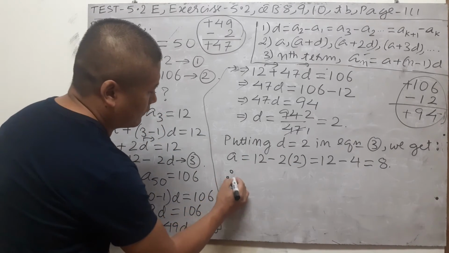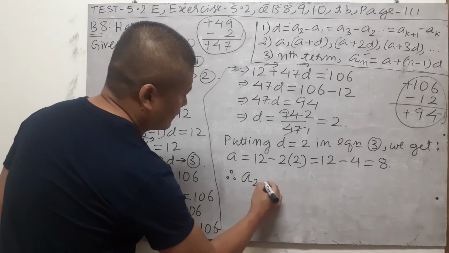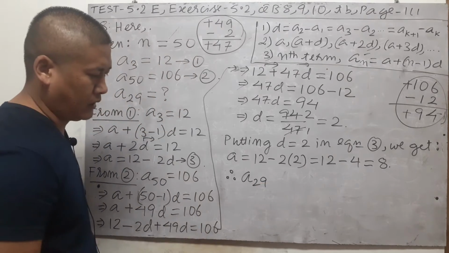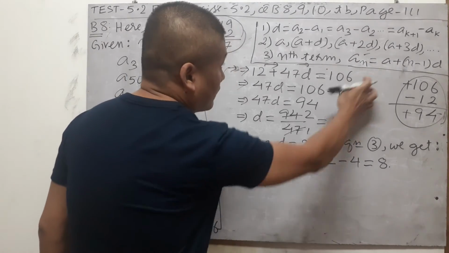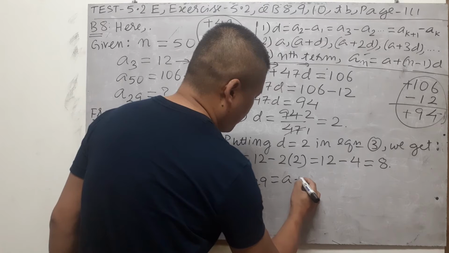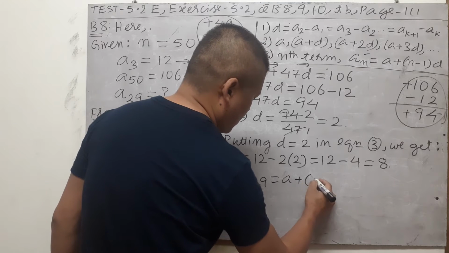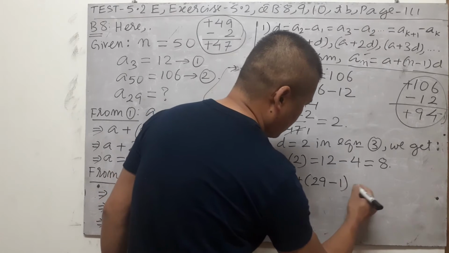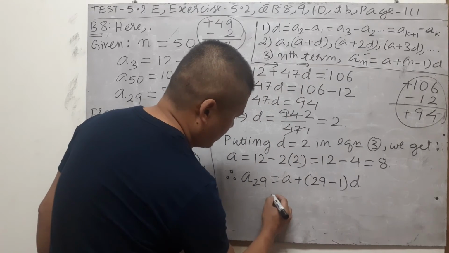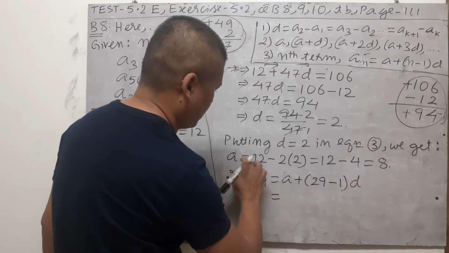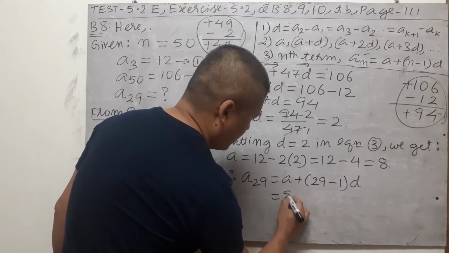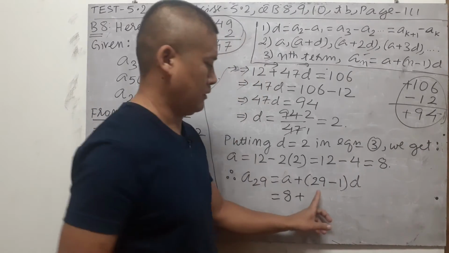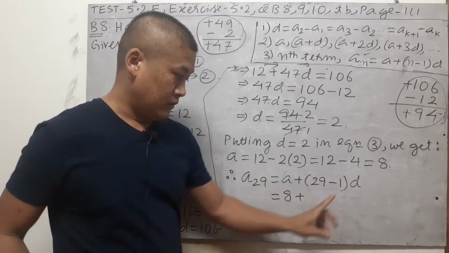So you write here, therefore, the 29th term means a29, following this formula, a plus n minus 1, n here is 29, minus 1 into d. So that will be equal to a, as you can see, is 8, plus 29 minus 1 is 28.